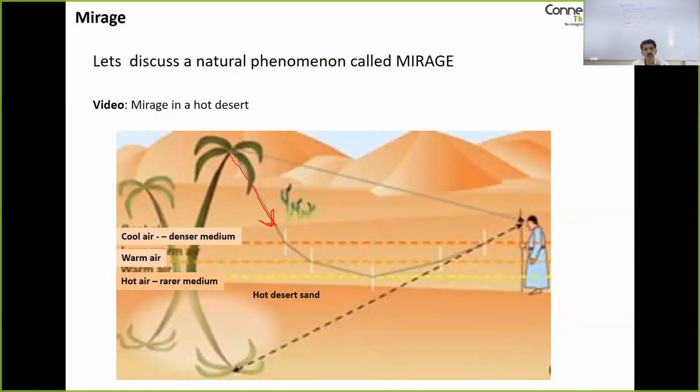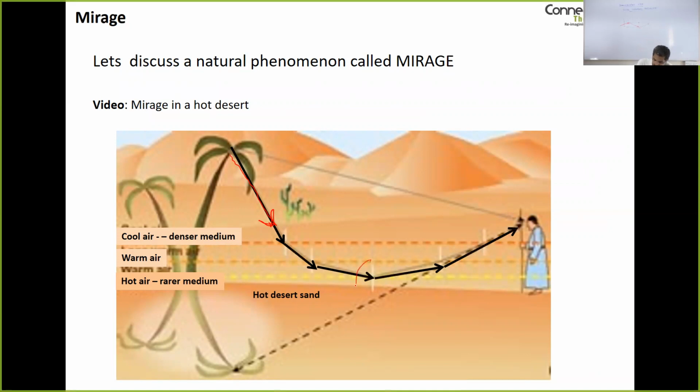So what does light do? Remember, cooler air acts like a denser medium, and warmer air acts like a rarer medium as far as light is concerned. So this ray of light of ours, as it passes through the many layers of air, goes from cooler layers of air to the warmer layers, each time undergoing refraction.